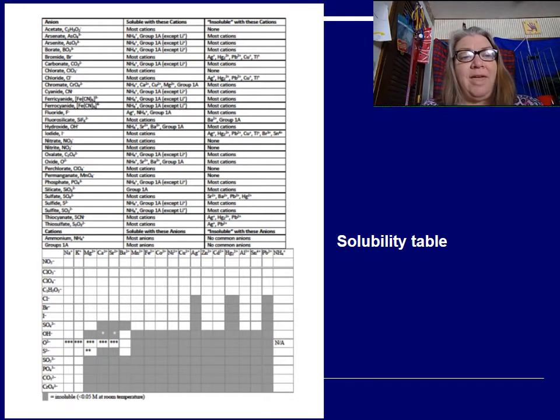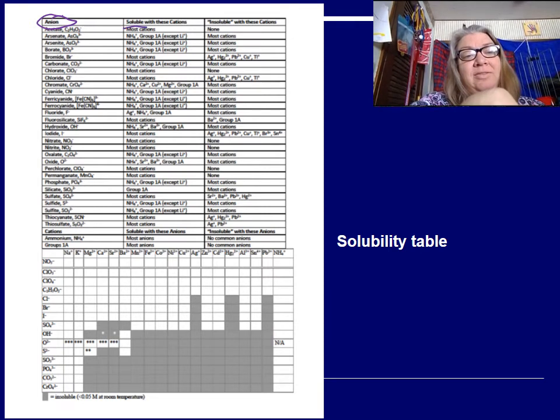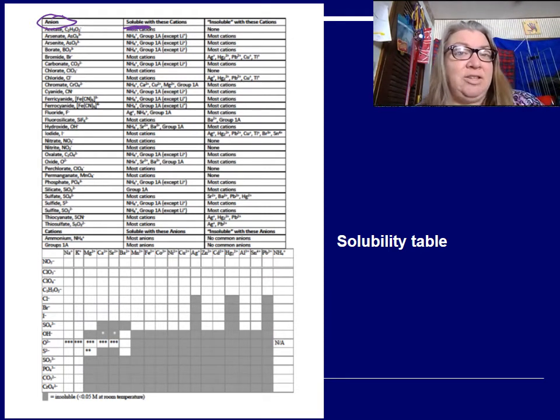This table has the anion listed, which seems almost backward. It has the last half of your compound listed, but that anion tends to be able to predict whether something's going to be soluble or not. Then it says if we mix that ion with these cations, it's likely to be soluble.